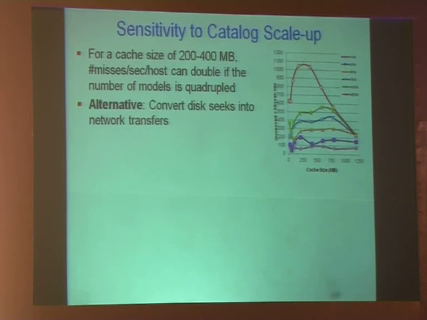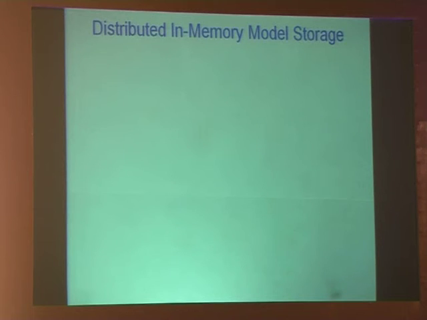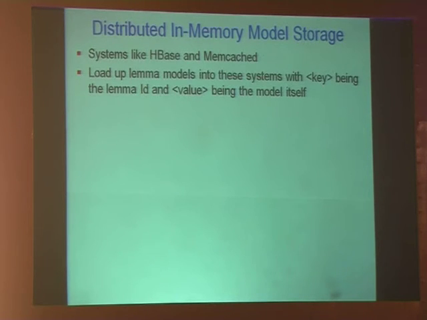So what's an alternative baseline? An alternative baseline could be to try to convert those disk seeks into network transfers. We investigated the use of distributed in-memory key-value stores like Memcache and HBase. The way these systems work is we populate our lemma models into them, keyed by the lemma ID. As and when a lemma is encountered, the corresponding model will be pulled up from these systems.